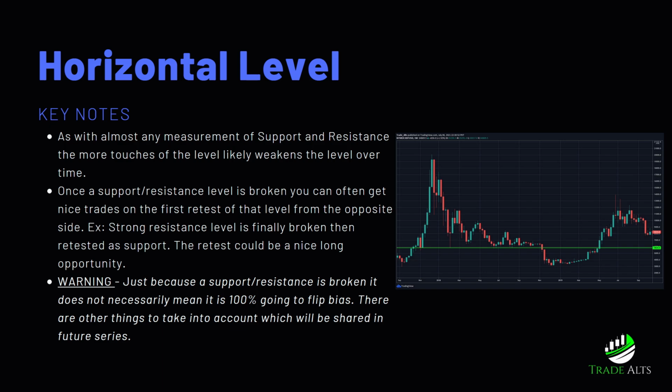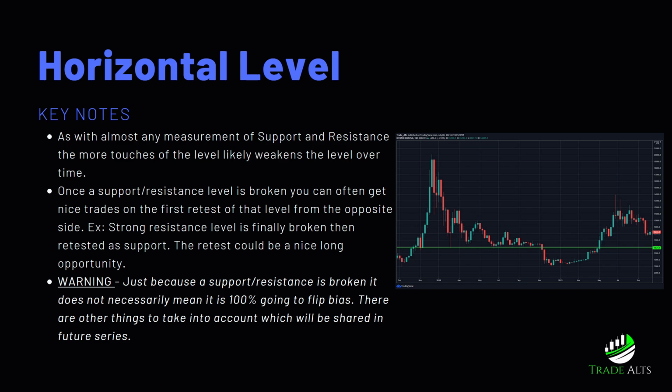Being a trader, you're not always going to be right all the time. You're going to make mistakes. You're going to have bad calls. And trading support resistance levels is the same thing, right? But statistically speaking, the things that I have talked about are true for the most part. Again, just because the support resistance level is broken, it doesn't mean that all of a sudden it flips.